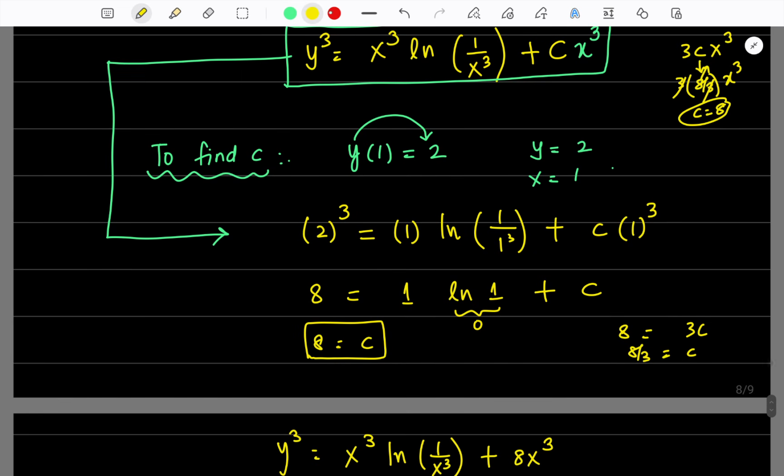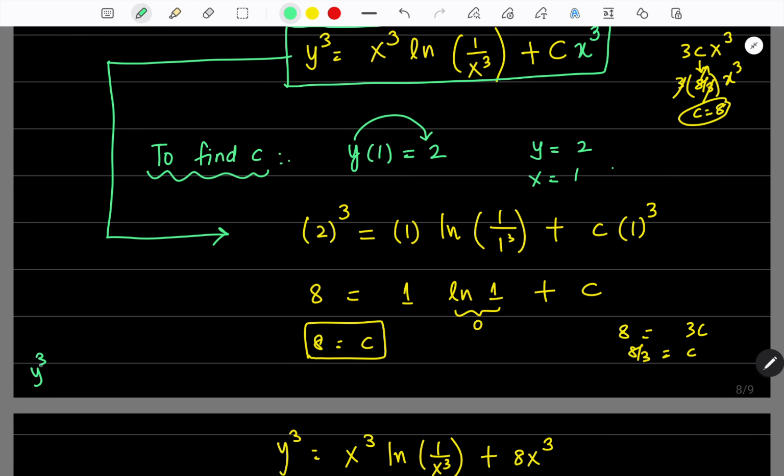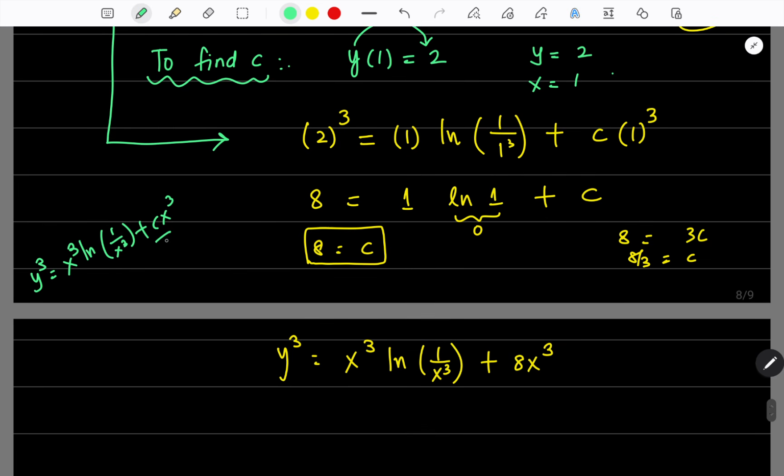So the equation is y cube is equal to x cube ln 1 by x cube and then plus c x cube. I'm going to put the value of c as 8, so 8x cube. This is going to become your final answer for this equation.